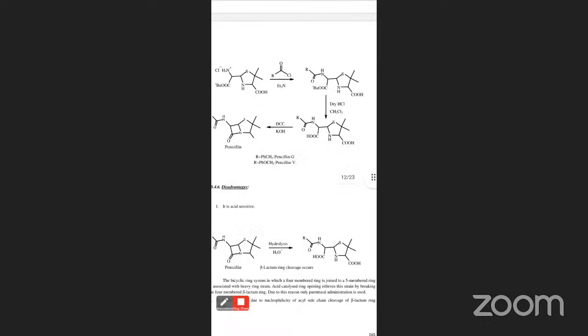Then upon reaction with different reagents, we get the thiazolidine ring, 6-aminopenicillanic acid, 6-APA.